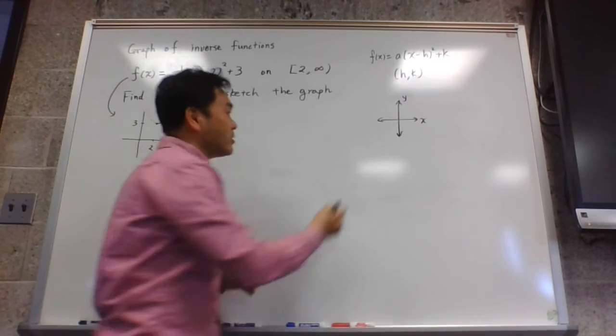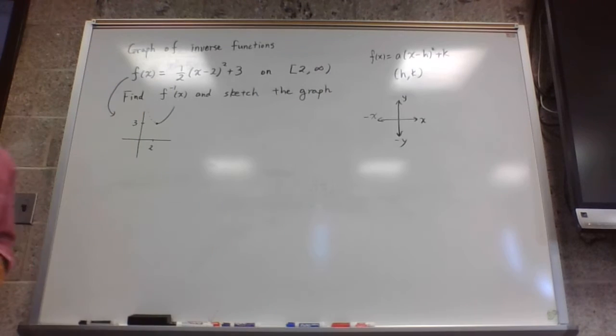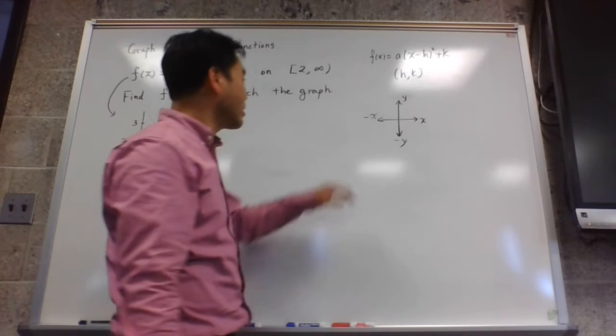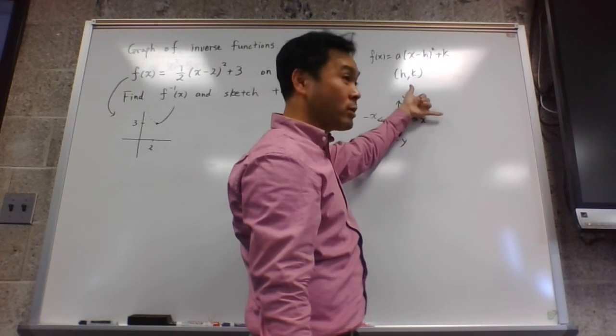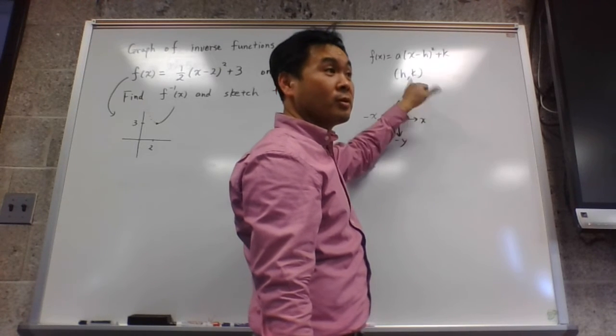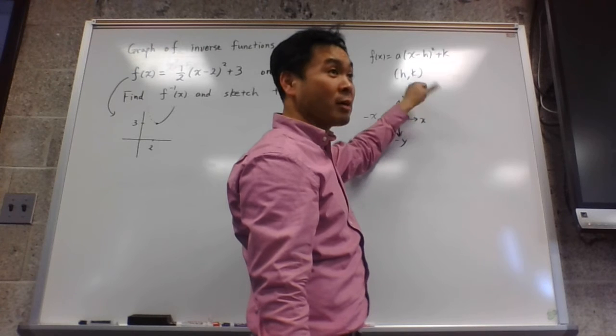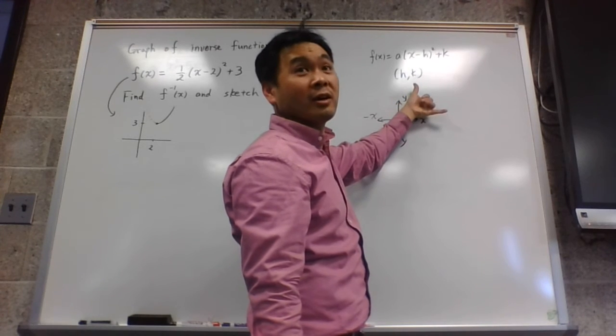Okay, to find the inverse function, what do you exchange? x and y are interchanged to get the inverse function, right? So if you switch these two to get the inverse function, what happens to the graph? If x and y are changed, what happens to the graph? It flips over what?